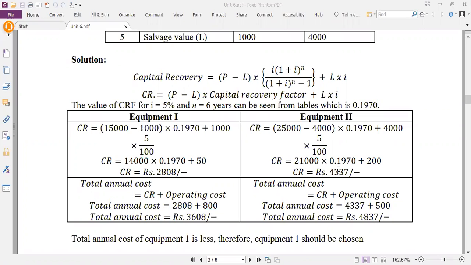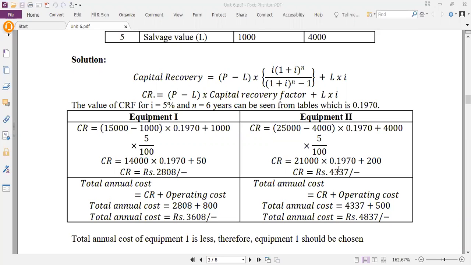That means for equipment number 2, the total annual cost is 4837, and for equipment number 1, the annual cost is 3680. Then here the annual cost of equipment 1 is less.